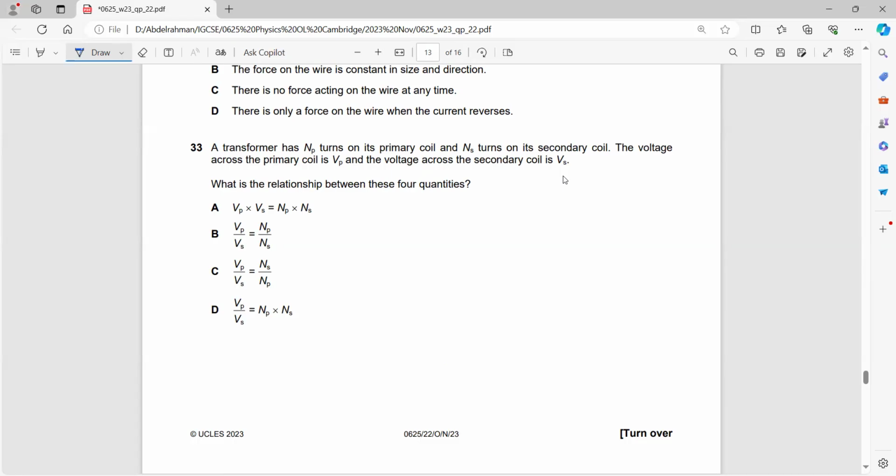Wait, voltage, number of coils, it's B. VP over VS equals NP over NS. You can't say VP over VS equals NS over NP. This is wrong. The current? No, the power: VP IP equals VS IS.